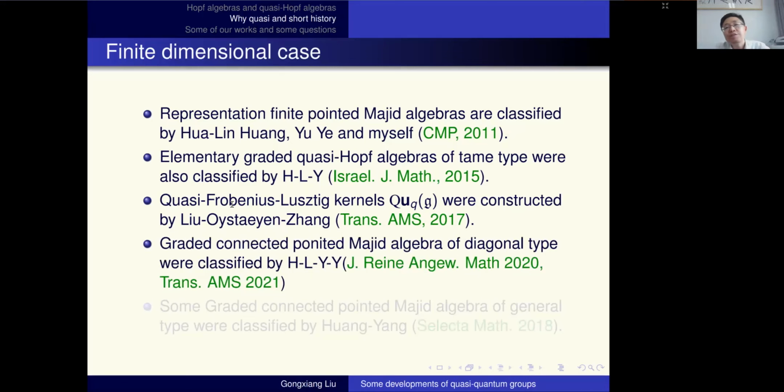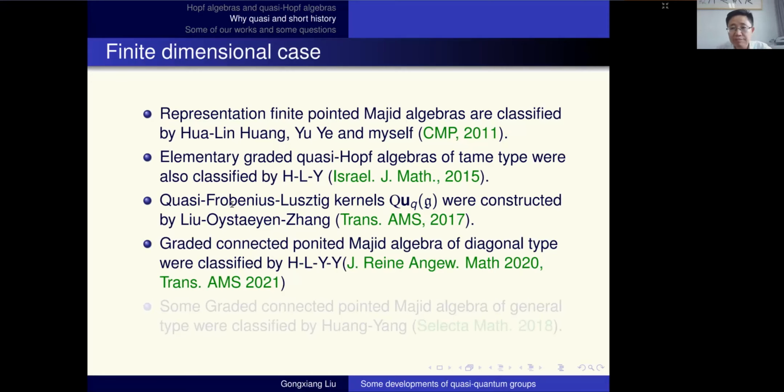And then, using such examples and the techniques we developed, we can classify more general quasi-Hopf algebras or modular algebras. In the last 2 years, we classified all the graded connected pointed modular algebras of diagonal type.